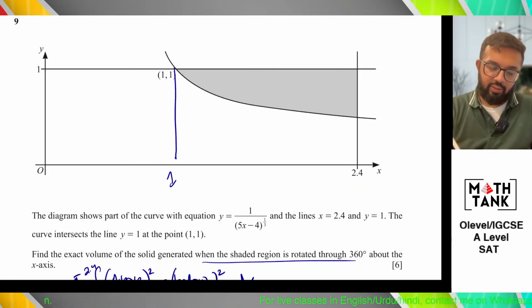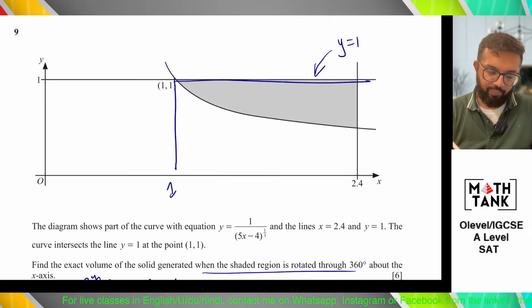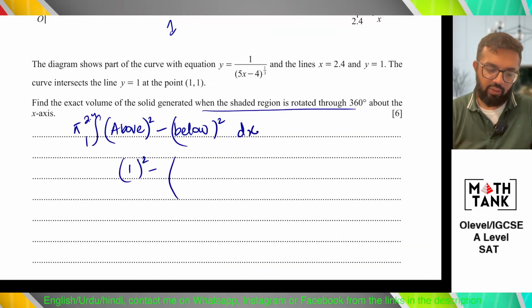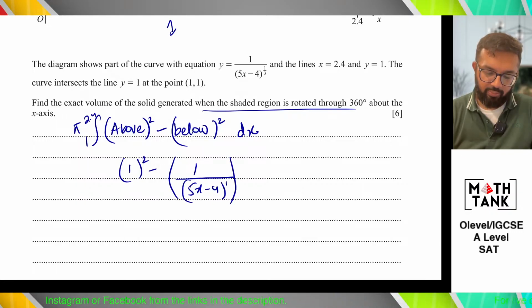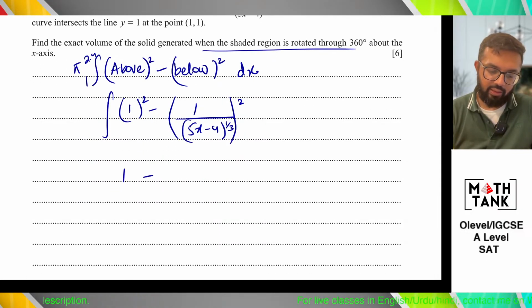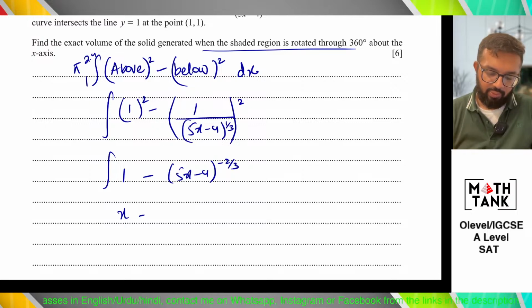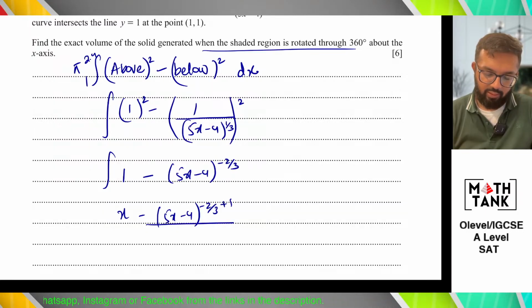What is on the above? What is the equation of this line? It's y equals 1, so I do 1 squared. What's below? It's the curve, so 5x minus 4, power 1 over 3, squared. That's what I have to integrate. So 1 minus 5x minus 4 power minus 2 over 3, dx. Integrating gives x minus 5x minus 4 power 1 over 3 divided by 5 over 3, between 1 and 2.4.